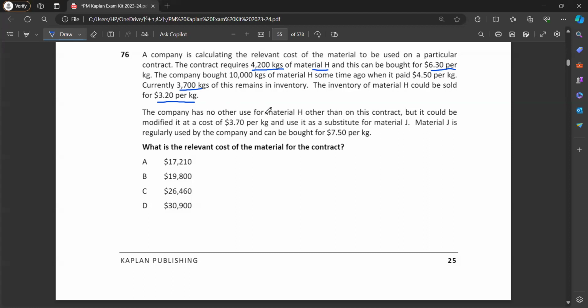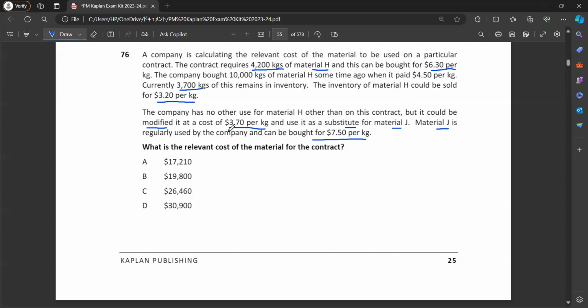Another thing, the company has no other use for material H other than on this contract. So all 3,700 kgs of material can be used on this contract, but it could be modified at a cost of 3.70 per kg. If it is modified at a cost of 3.70 per kg, then it can be used as a substitute for material J, and material J as of now can be bought at a price of 7.50.